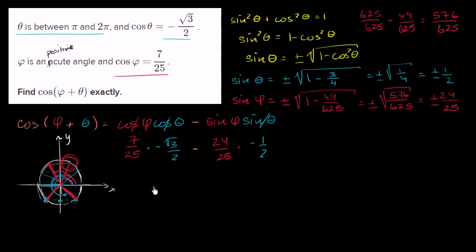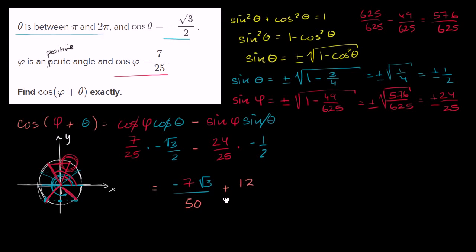So this is going to be equal to negative 7 square roots of 3 over 25 times 2, which is 50, minus, but then we're going to have a negative out here, so we can say plus, negative times negative is positive, and then 24 over 25 times 1/2 is 12 over 25. So plus 12 over 25.